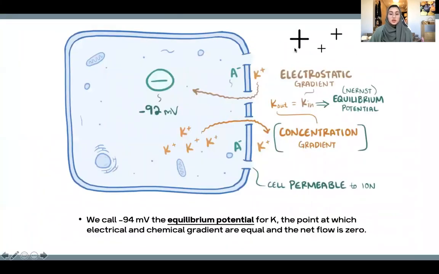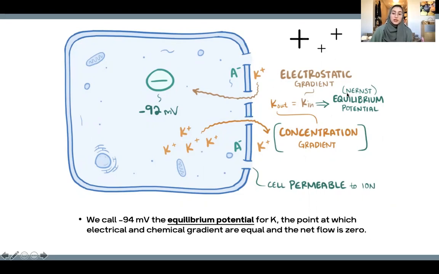Okay. Your electrostatic gradient is basically the same way you're looking at the concentration gradient, okay? So if you have a very high concentration inside of the cell versus outside of the cell, this is going to create a driving force that pushes, let's say, potassium from inside to outside. So the concentration gradient is what creates the driving force.